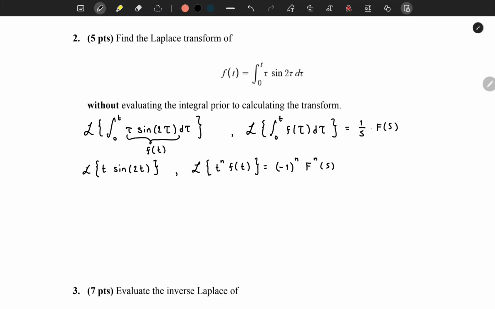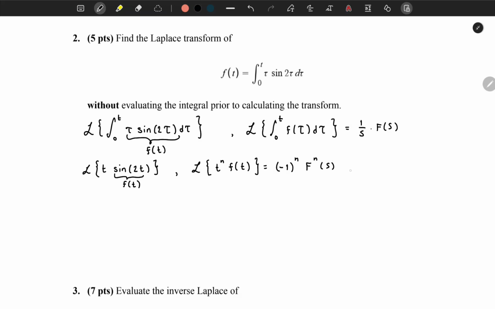And so we can apply this because for our f of t, we have a t here, and our n here is equal to 1. And then our f of t in this case would be the sine 2t. So if we can find the Laplace of sine 2t, then this will give us F of s.